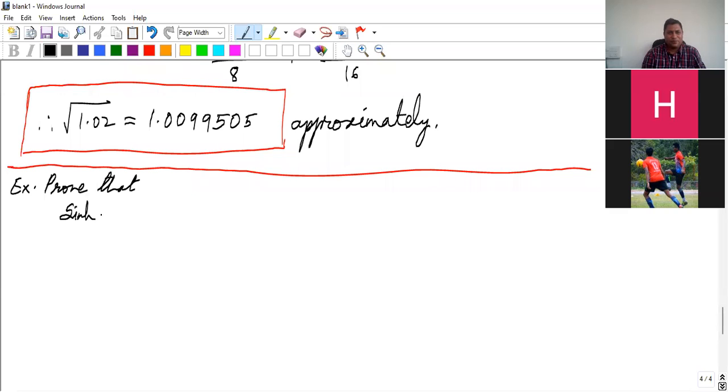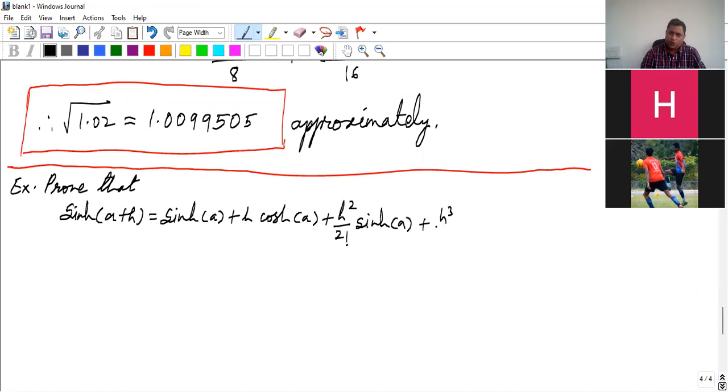Prove that sinh(a+h) is equal to sinh a plus h times cosh a plus h squared by 2 factorial sinh a plus h cubed by 3 factorial cosh a, and so on, using Taylor series.